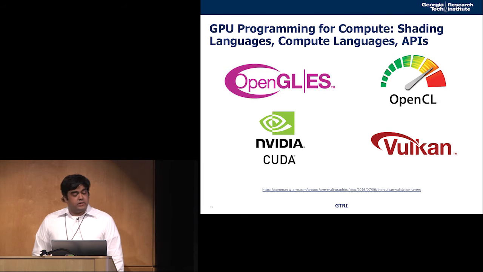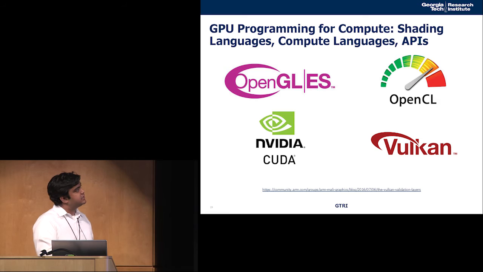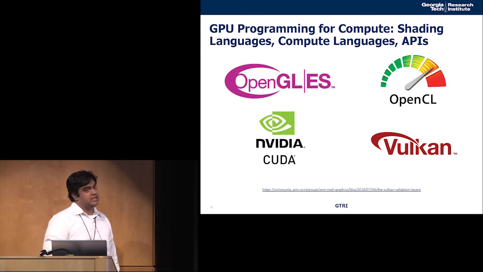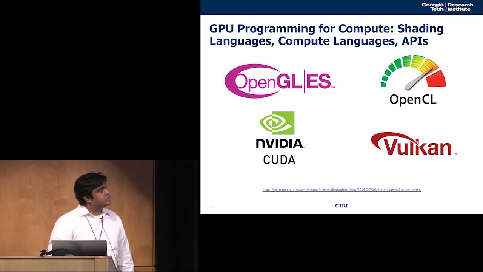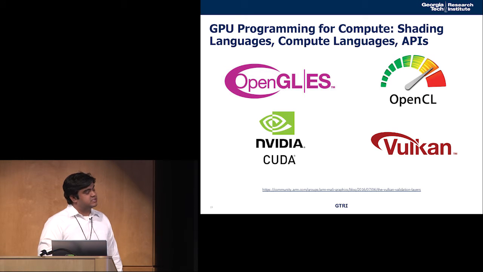So if you're going to be doing GPU programming for compute, this is the world that we live in. There's the OpenGL ES API and the Vulkan API. These are both graphics-specific APIs that are compute-friendly. You've got OpenCL, which is designed specifically for compute on the GPU.